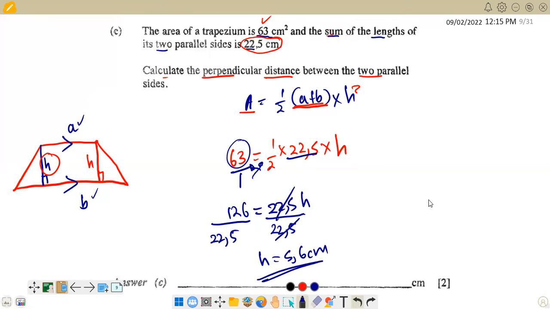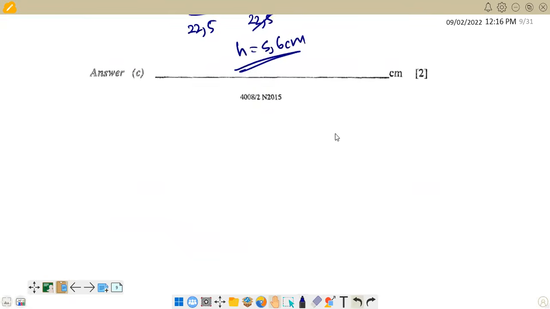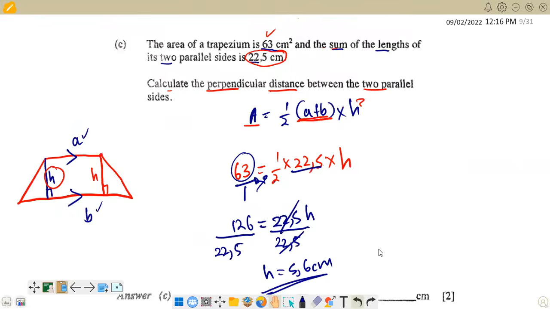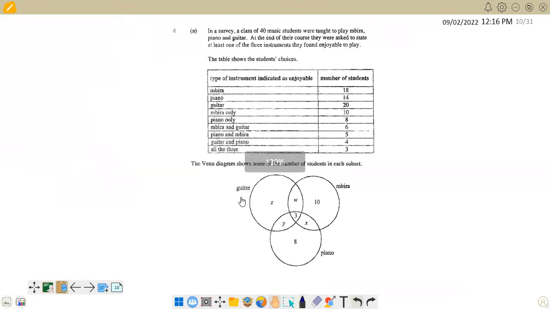So that was your perpendicular height in this case between what? The two parallel sides, the distance between two parallel sides, that is your perpendicular height. So that was all for this question actually. All right, so that was all for this question. Just given this part, let's move on to the other part and see what we have.